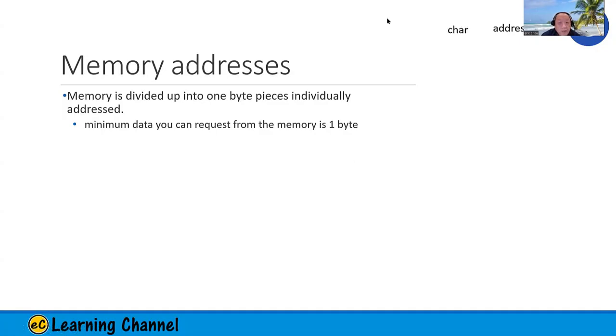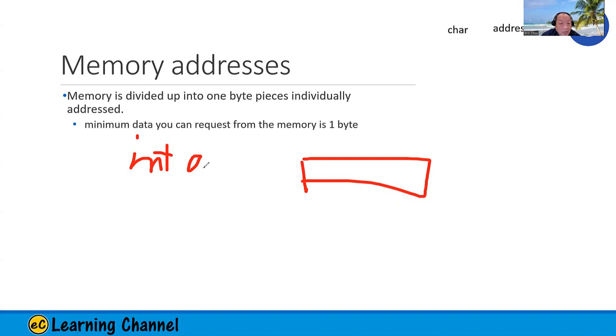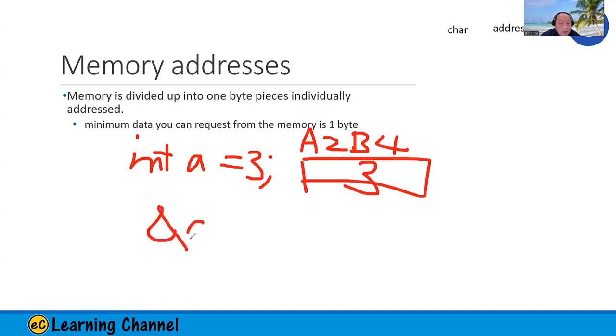Pointer and the address. First one, you have a variable integer a equals 3, you store 3 at the memory location of A2B4 with 3. So address of a, this value would be A2B4.